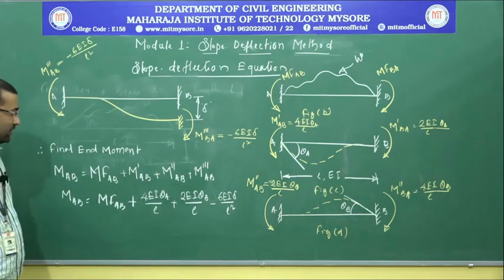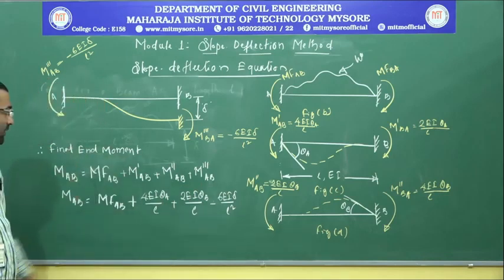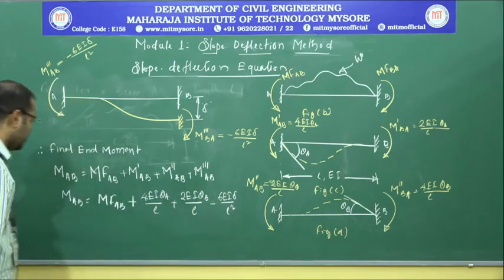Here in this equation you can see that EI is constant, so I can take out the EI value, and here I can take the 2.